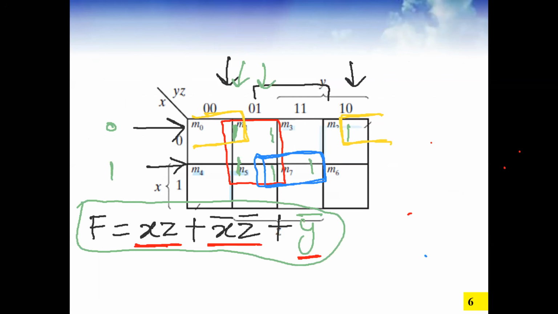So what I did, I have given minterms. I got the maxterms from the rule which we know. After getting the maxterms, I put the zeros for the maxterms in the K-map. Then I combine the zeros there, using the same don't care conditions. When I combine zeros, the function which I write as a solution is F complement.